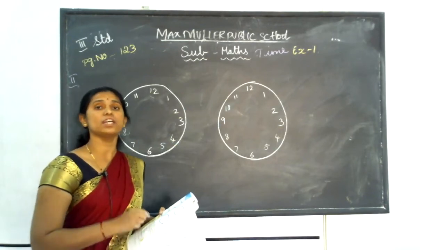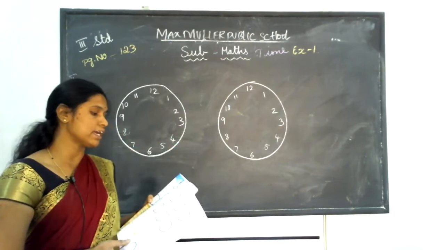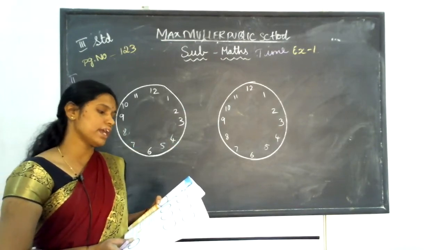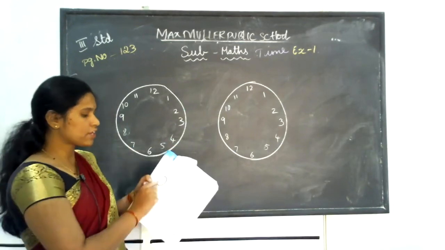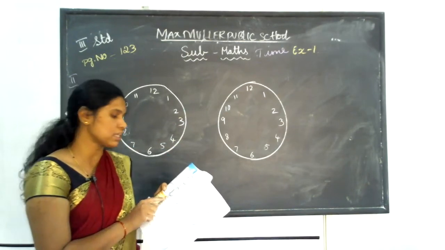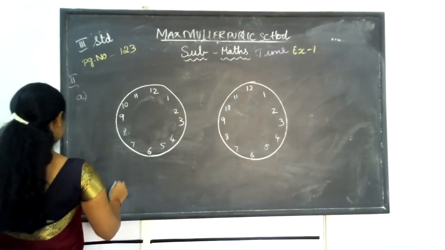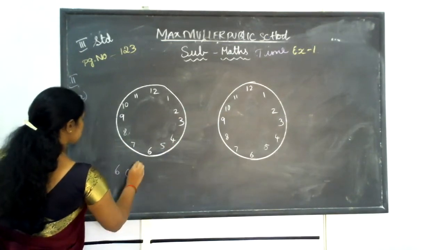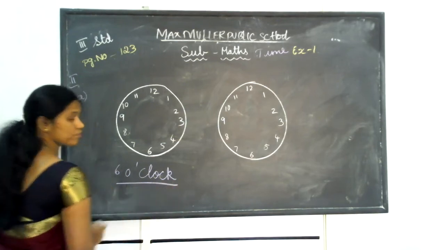Instead of saying short hand and long hand, what heading have they given? Read there: draw hour hand and minute hand according to the time given below. After drawing the clock, they have given the time also. Yes or no? You can see the first one. What is the time they have given there? 6 o'clock. They have given 6 o'clock. So how will you draw this 6 o'clock now?